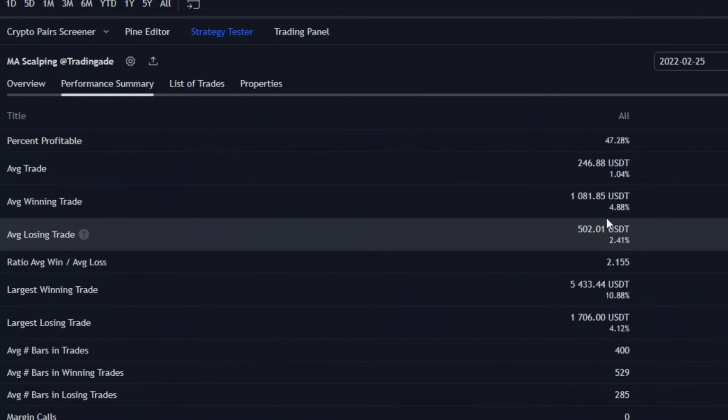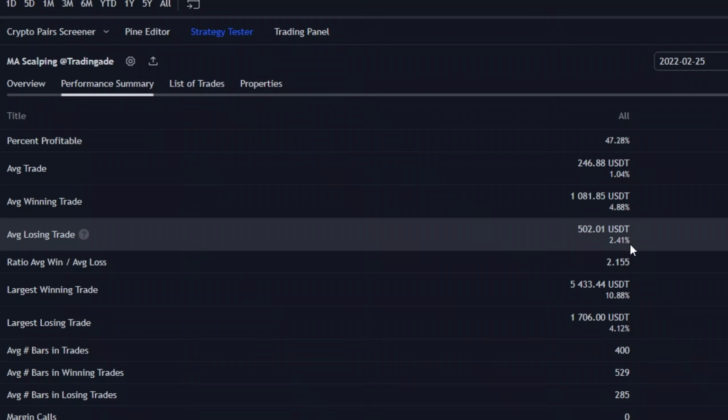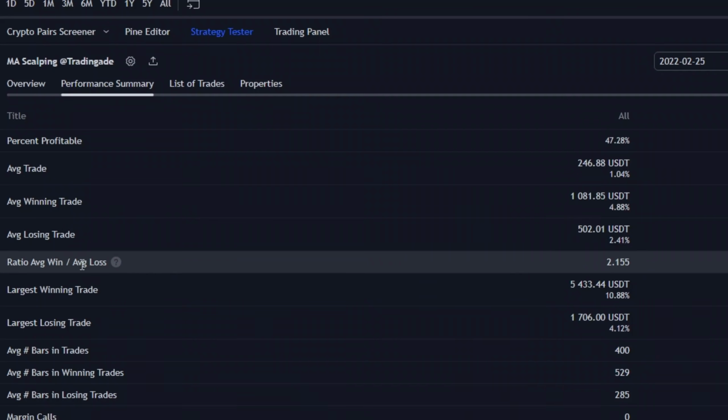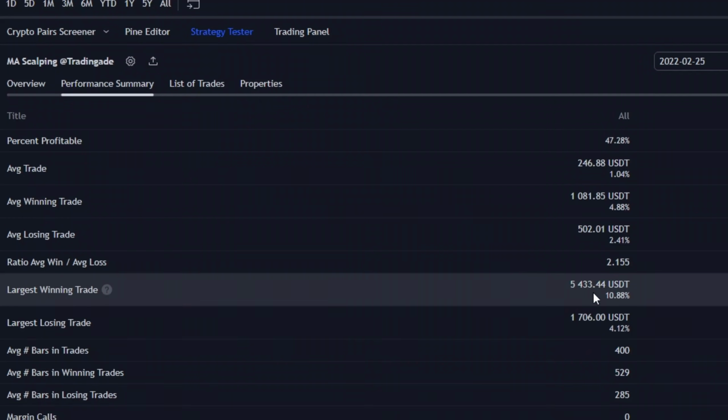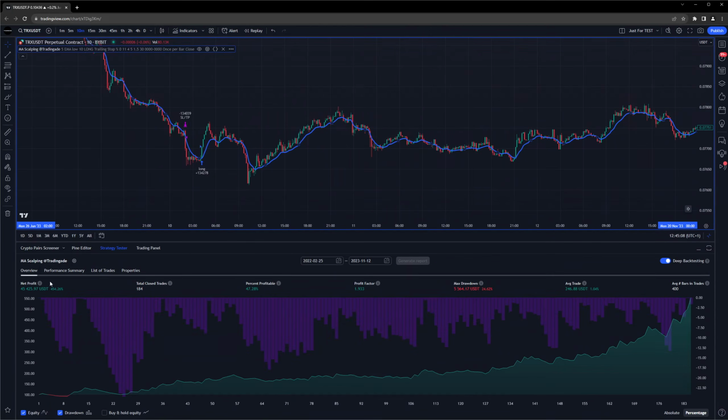Average winning trade 4.88%, average losing trade 2.41%, so ratio average win to average loss 2.1, which is really amazing. Largest winning trade 10%, largest losing trade 4.12%. So to be honest, overall, this is a really good equity line and I really appreciate it.